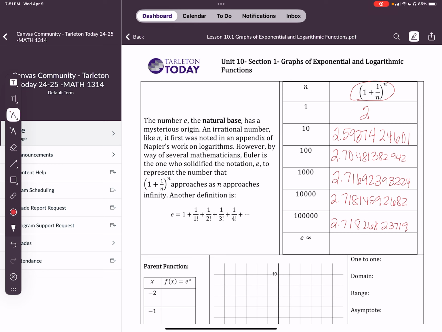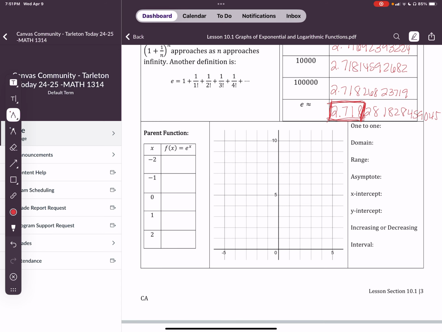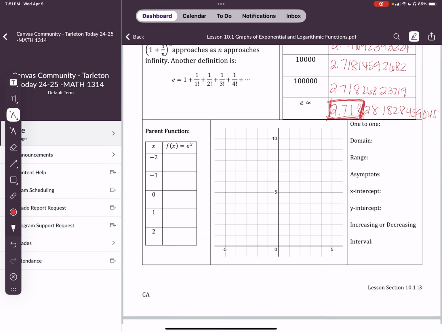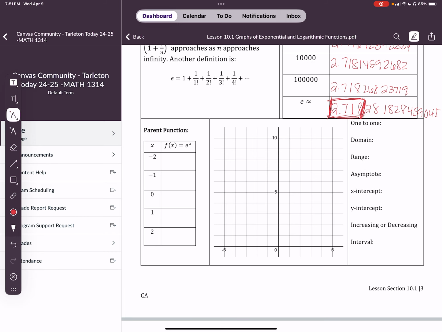So we can approximate, because e is approximately 2.718281828459045. Okay, so we're going to approximate e to be this value right here, 2.718.